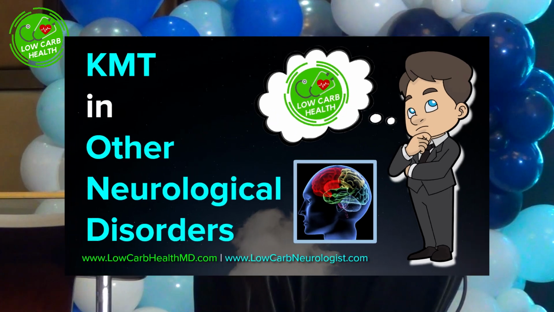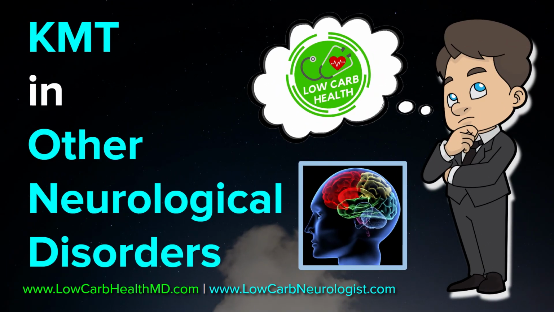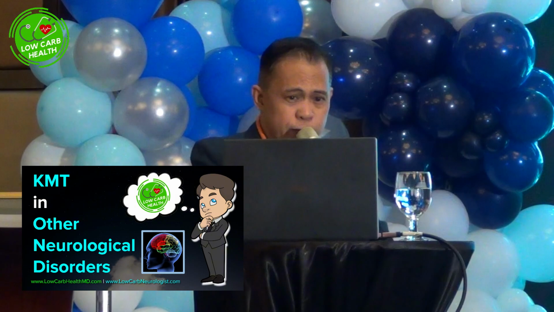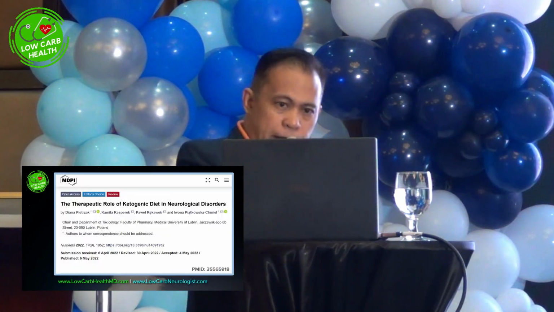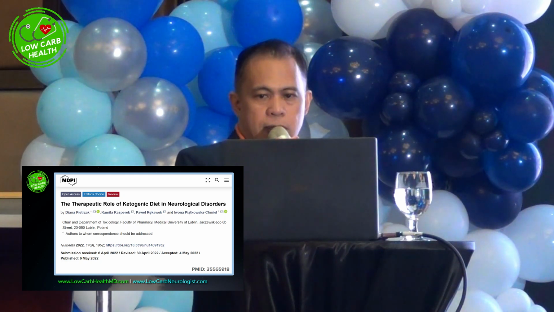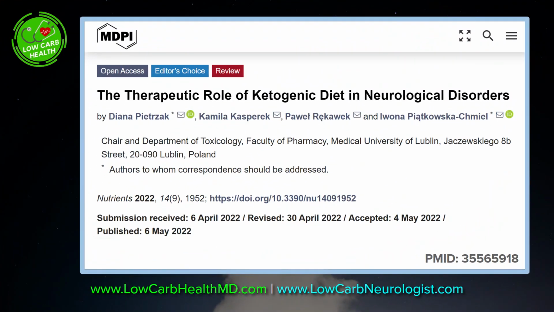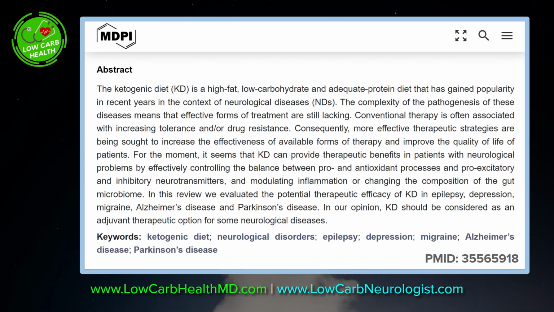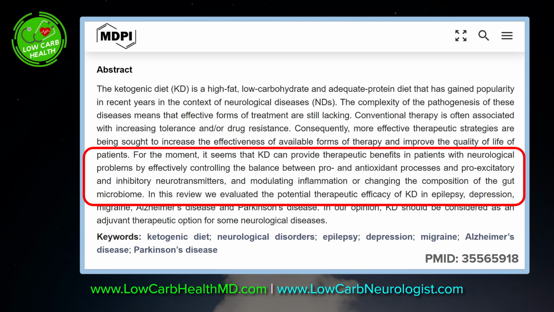How about in other neurological disorders? You think it's just stroke? No, it's just the tip of the iceberg. This paper is all about the therapeutic role of the ketogenic diet in neurological disorders. This was published 2 years ago, and it states that for the moment it seems that KD can provide therapeutic benefits in patients with neurological problems because of its antioxidant processes and the way it modulates inflammation, and so forth.